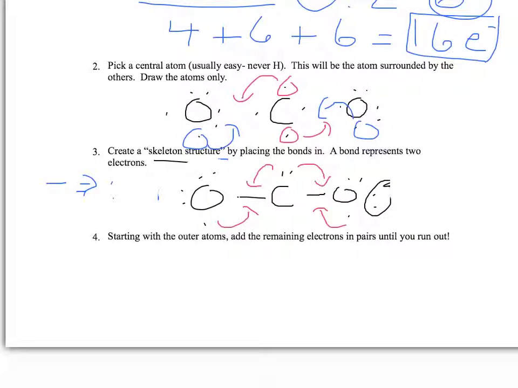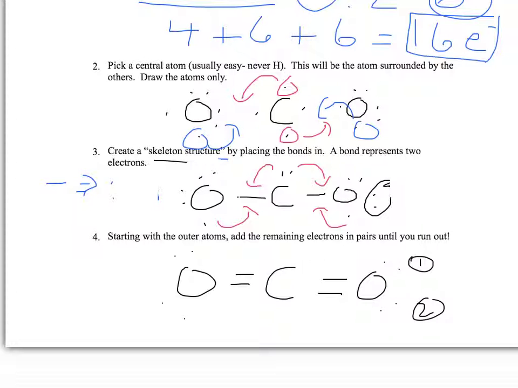What we'll end up with, our final structure, will be a carbon that's double bonded to two oxygens. Each of the oxygens is double bonded to the carbon. That leaves us with two lone pairs on each oxygen, 1, 2 on this side, and 1, 2 on this side.